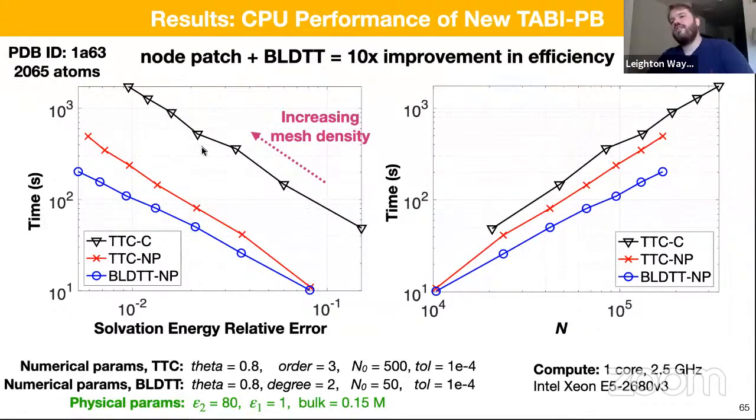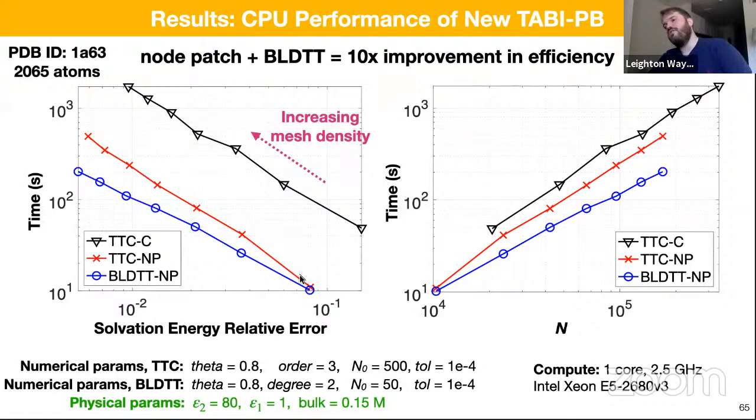What you'll notice here on this solvation energy relative error versus time, so this is increasing mesh density, increasing the NanoShaper density of the mesh, we had this huge jump just from going from the centroid collocation to the node patch with the Taylor tree code version. And the jump from the Taylor tree code node patch to the BLDTT node patch doesn't look quite as extreme, other than you'll notice that the slope of this line is a lot lower.